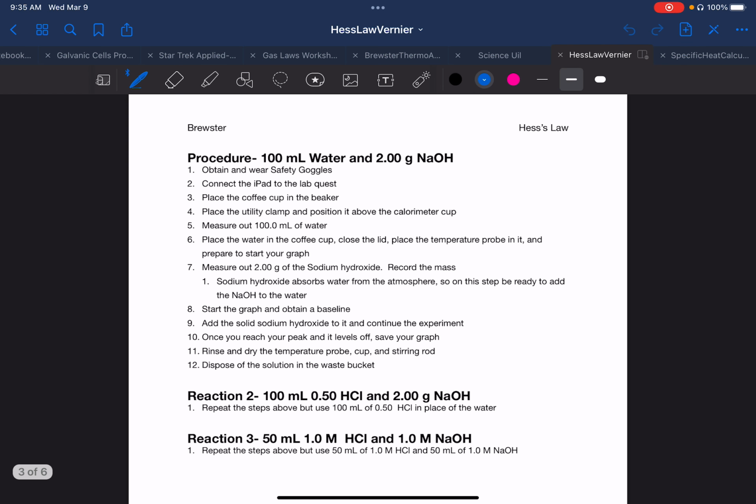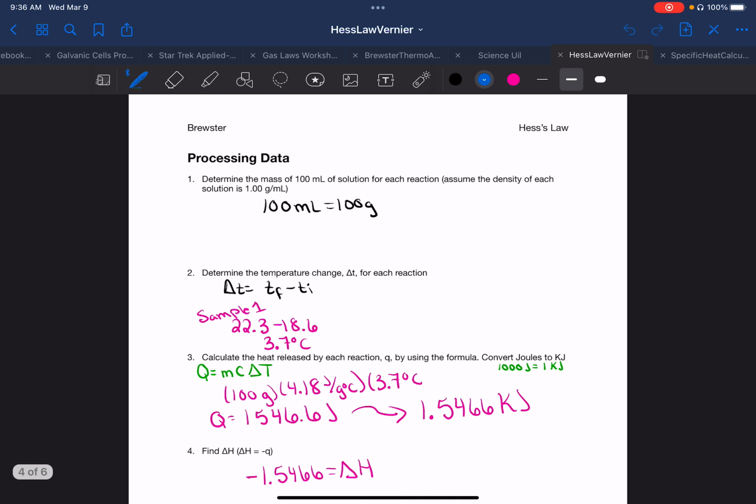Okay, you've done your procedures. The first procedure we did was 100 milliliters of water and 2 grams of sodium hydroxide. Procedure 2 was 100 milliliters of 0.5 molar hydrochloric acid and 2 grams of sodium hydroxide. The third reaction was 50 milliliters of 1.0 molar HCl and 1.0 molar NaOH. So now we're going to get down to processing the data.